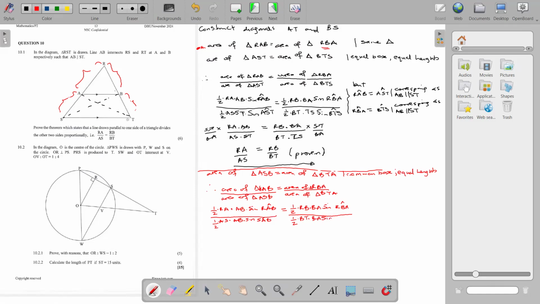The included angle, if you check in this particular case, the included angle is TBA.